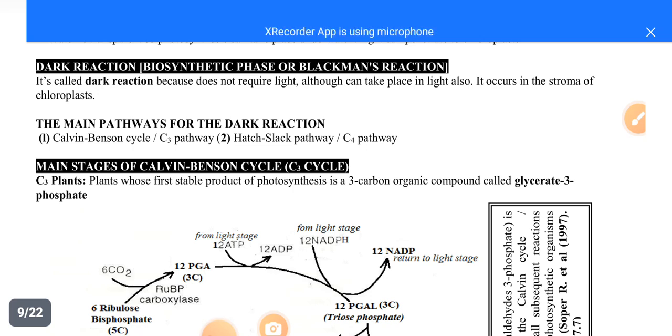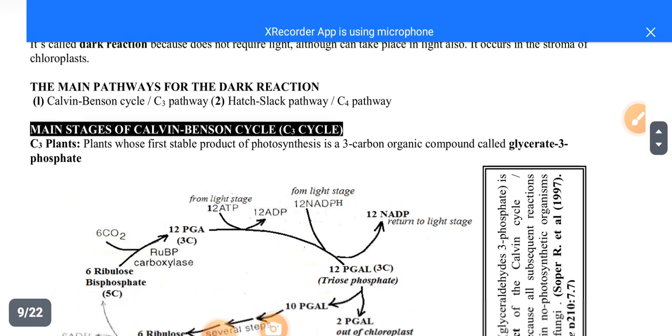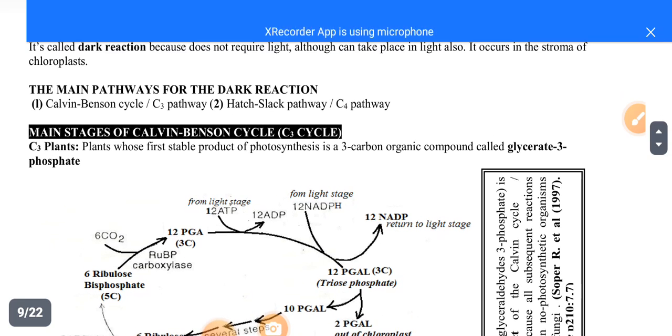So the main pathways for the dark reaction: we have one, the Calvin-Benson cycle, we shall look at it, or the C3 pathway, and the Hatch-Slack pathway, or the C4 pathway. Now this dark reaction has got 2 main pathways.